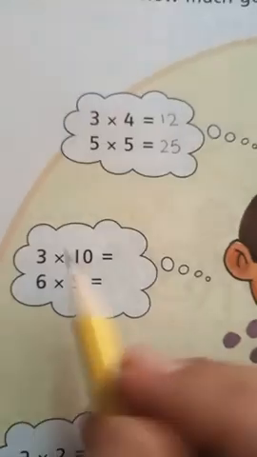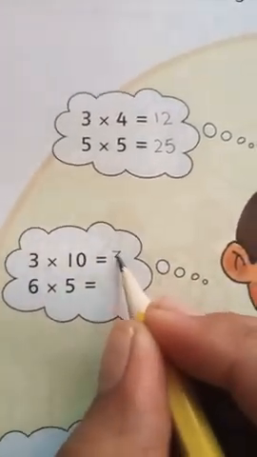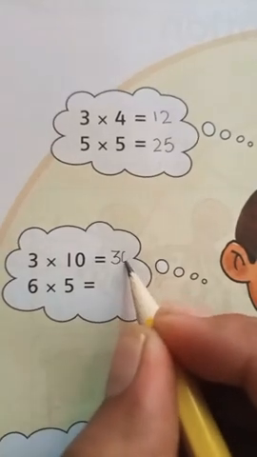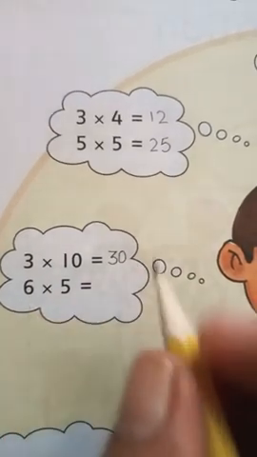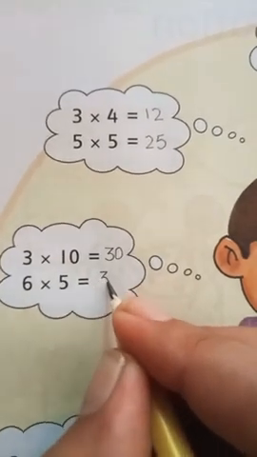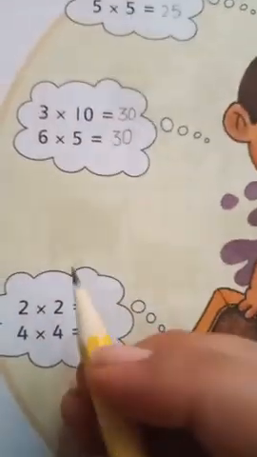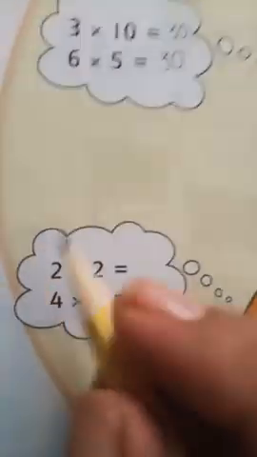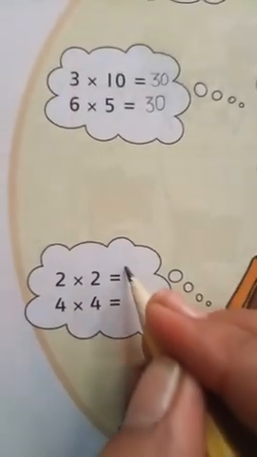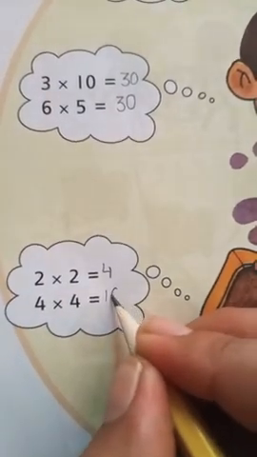Next is this table. 3 tens are 30. 6 fives are the same answer, 30. Next table is of 2, that is very easy for you. 2 twos are 4. Next is 4 fours are 16.